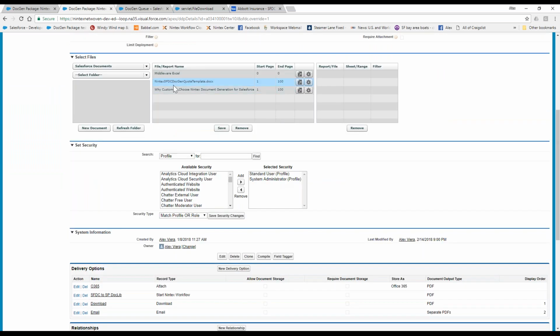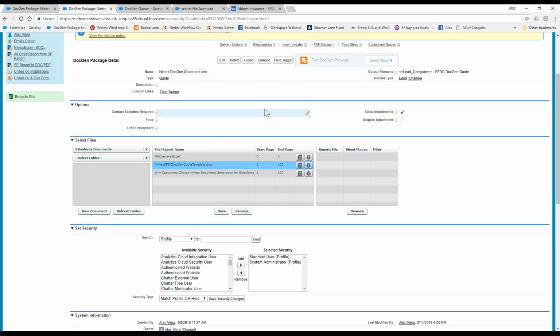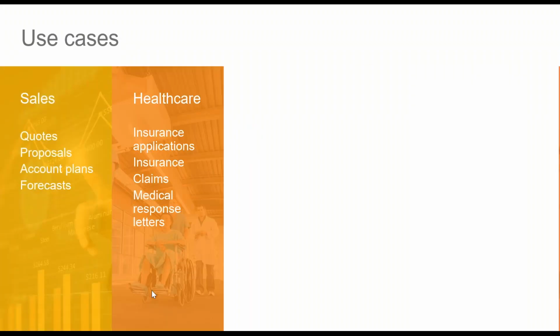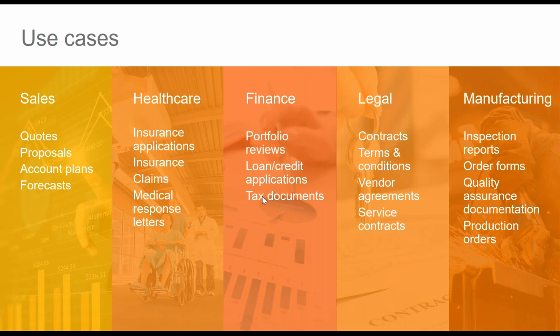You spend most of your time figuring out what documents you want to include and how you want to format them, and whether it's row replication, table replication, there's a bunch of different things that you can do there as well.